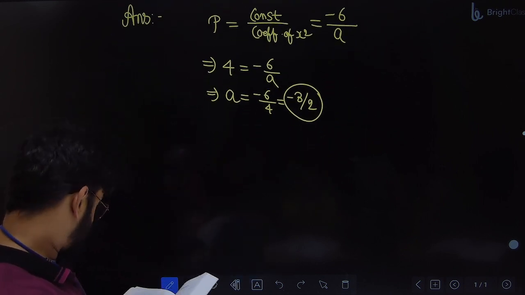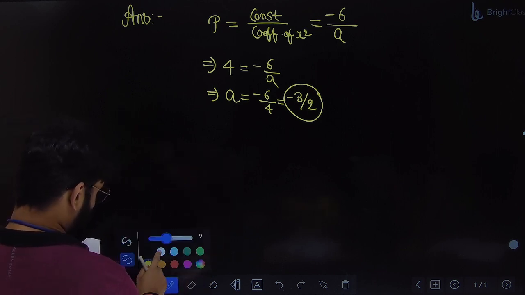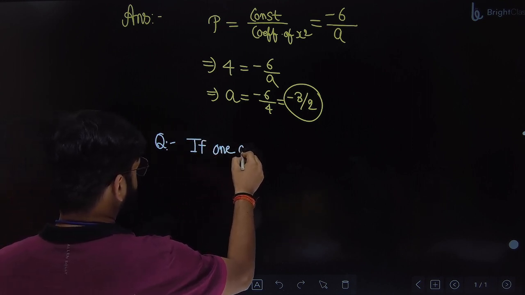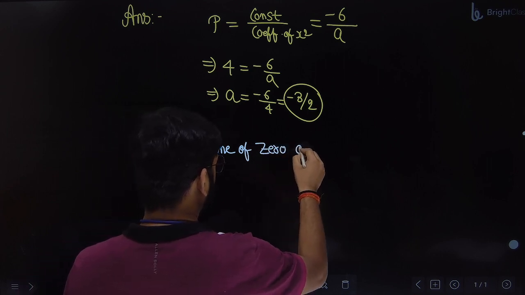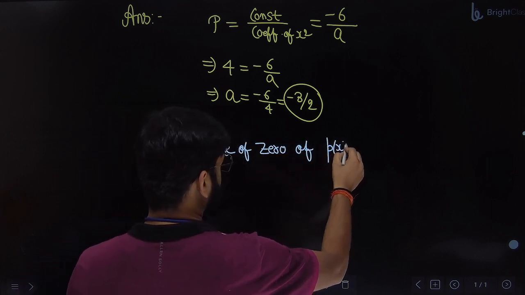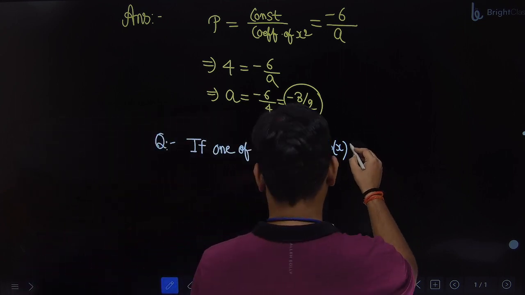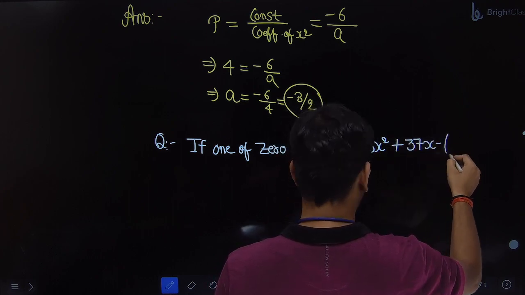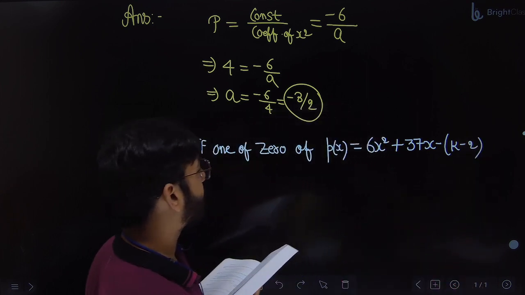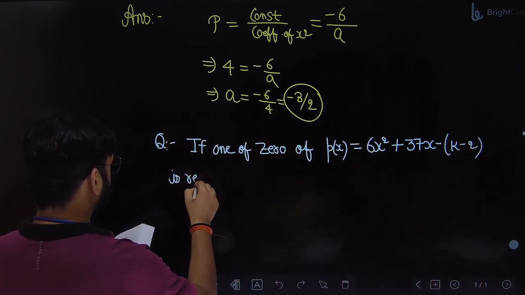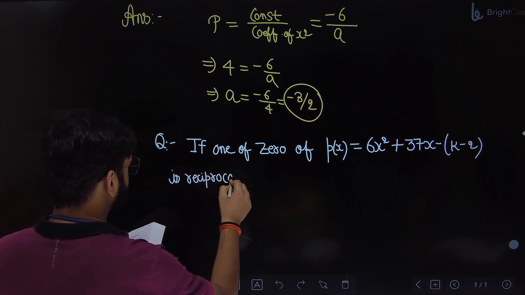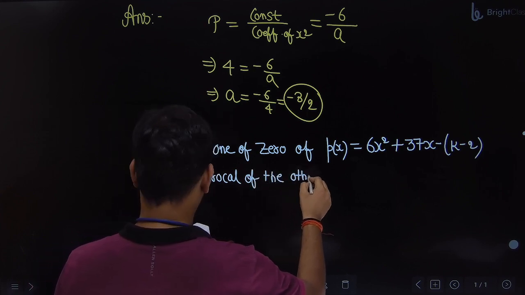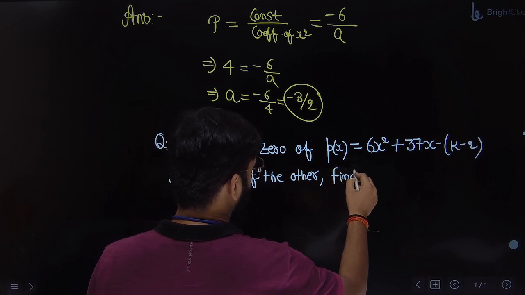Let's wait for 10-15 minutes. Next question: if one of the zeros of the polynomial 6x square plus 37x minus k minus 2 is the reciprocal of the other, find k.